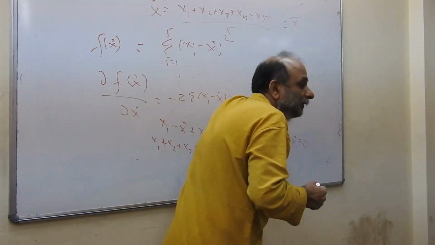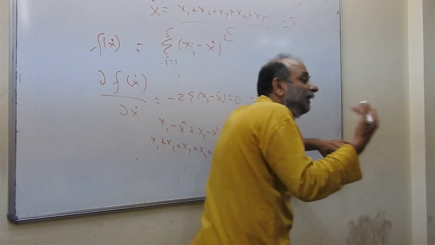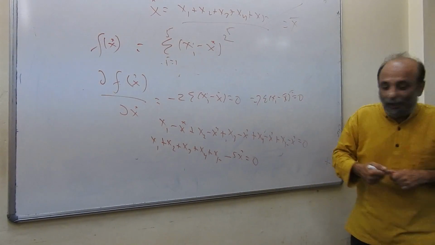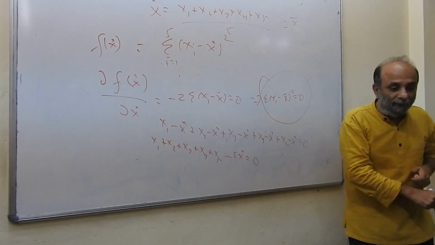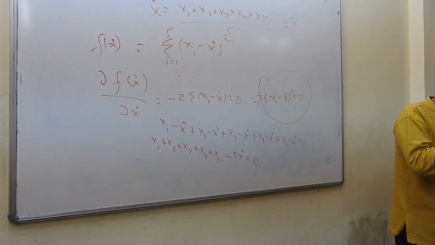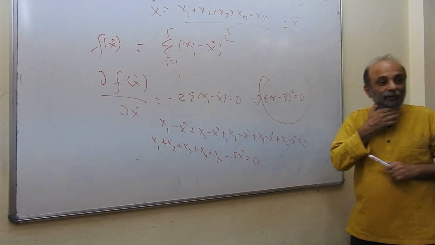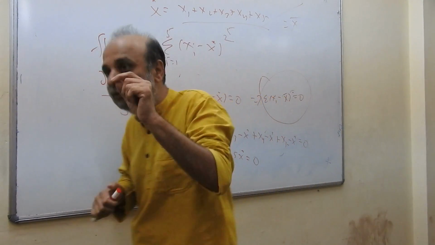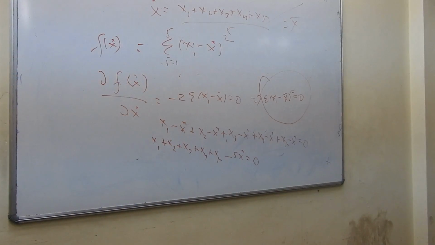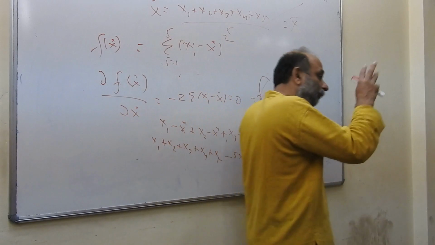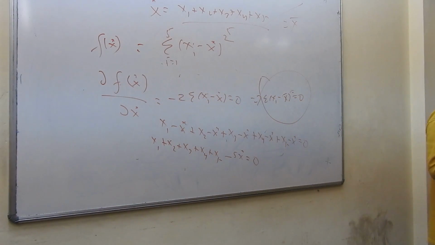If I add all of them, I have the sum of the deviations from the mean, and here you see that the sum of the deviations from the mean is 0. That's because the mean minimizes the total distance of all observations. Is this clear?